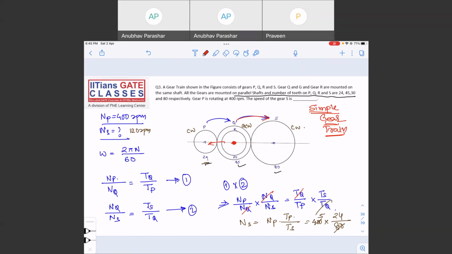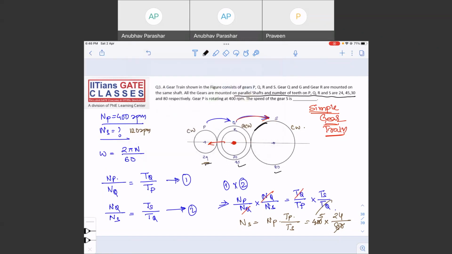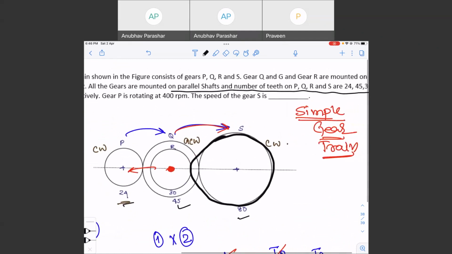If gear R was used, for example, suppose S, instead of connecting to Q, got connected to R, then definitely you would have said that this is a compound gear train.